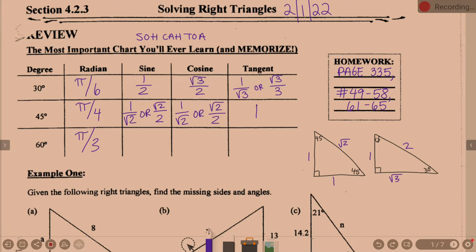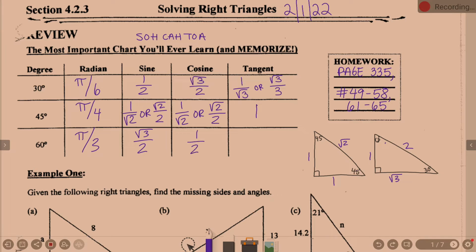Okay. Sine of 60. So now we're back to our other triangle. We're using our 60-degree angle. Opposite over hypotenuse. Square root of 3 over 2. It's also equivalent to the cosine of 30. What's the cosine of 60 equivalent to? Sine of 30, yes?